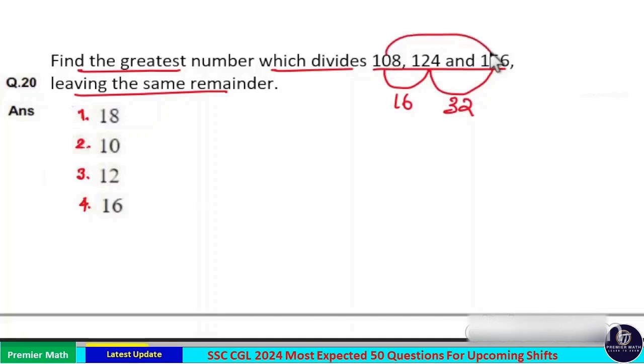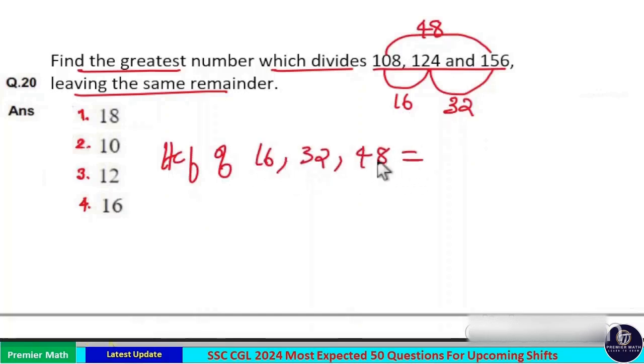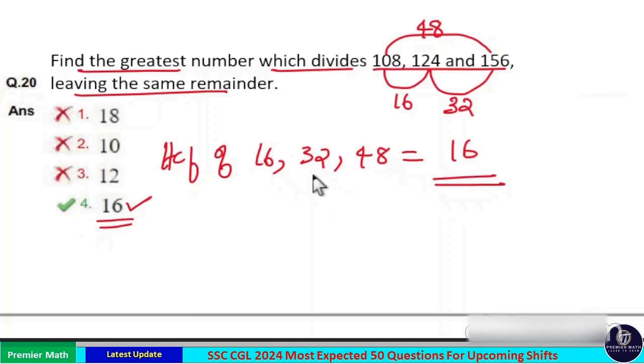And difference between 108 and 156 is equal to 48. Now take the HCF of the differences, that is 16, 32 and 48. HCF is clearly 16. So option 4 is your answer. Here all are multiples of 16.